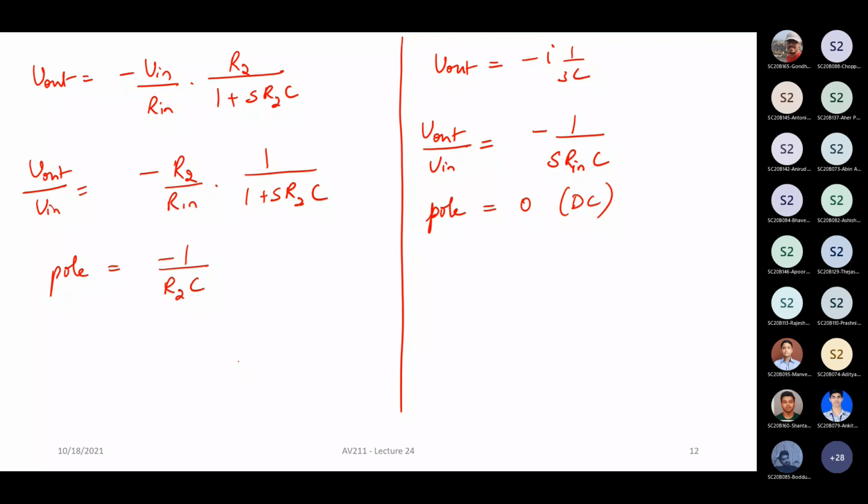Now, we mentioned that R2 is quite high, and therefore this pole, let's call it omega P1, is low. Right?